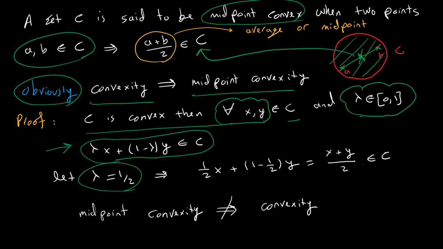Once we have lambda 1/2, then we have 1/2 times x plus 1 minus 1/2 times y, which is x plus y over 2, and that point is in C.